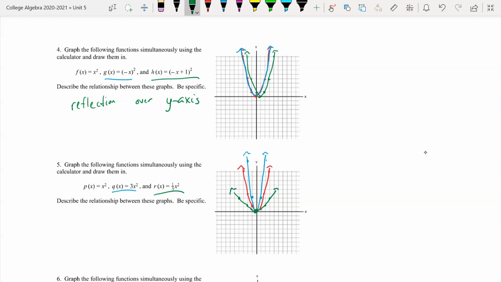So we just talk about which factor. If it's a big number, that stretches it away from the x-axis. If it's a smaller number, that compresses it towards the x-axis. So the green one's compressed, so it's getting flatter to the x. The blue one is stretched, getting further away from the x-axis.